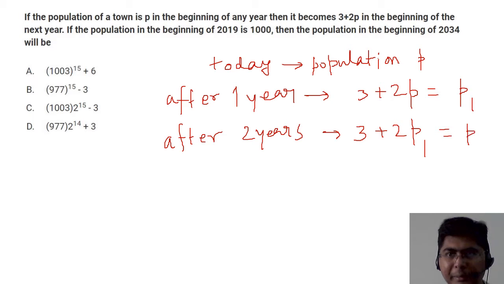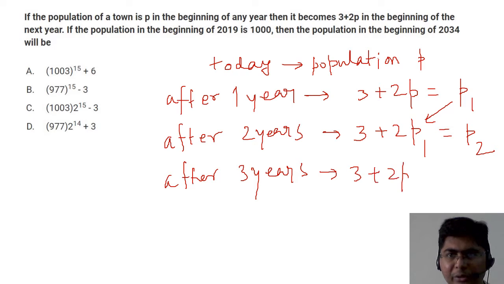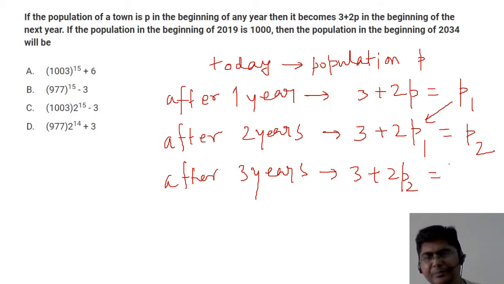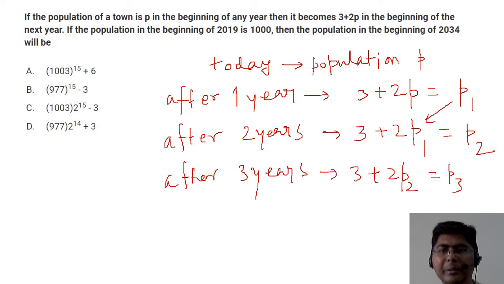So look at this, P1 is replacing P here. Now let's say after 3 years, what will be the population? 3 plus 2 P2, which is equal to P3. Now this is the way we have to find out what will be the population in 2034.